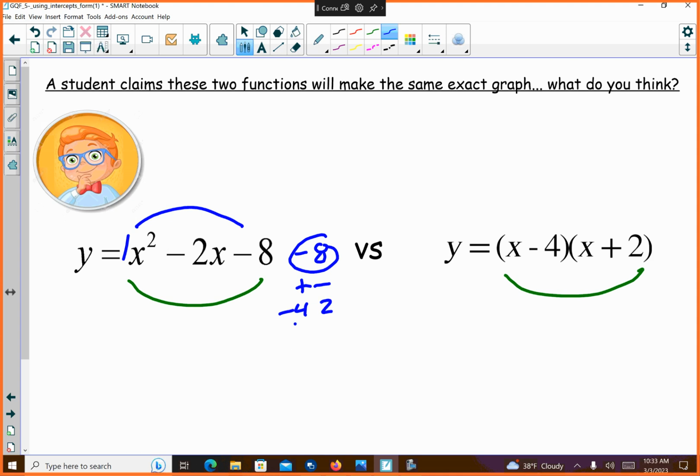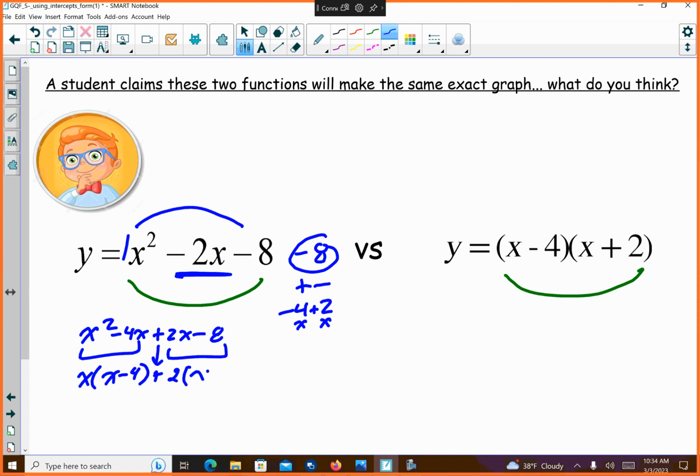So I'd have a -4x and a positive 2x. And now I'm going to replace that right here. So if I did x squared minus 4x plus 2x minus 8, and I said these are like terms, that gives me x minus 4. Positive sign comes down, 2 comes out, that becomes x minus 4. So I get x minus 4 and x plus 2, which is the same as this. Agree?